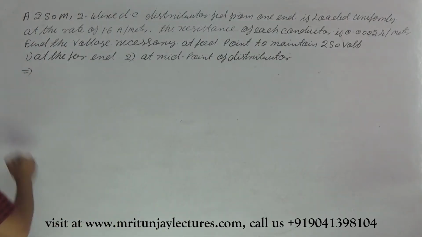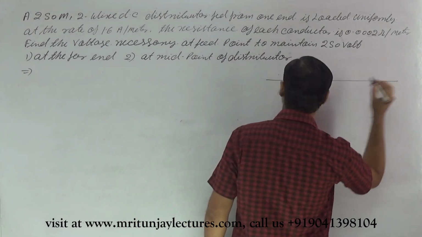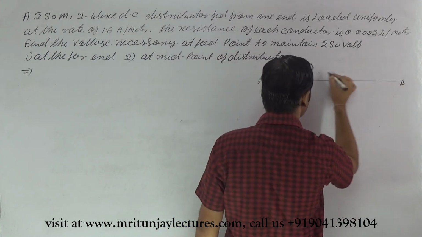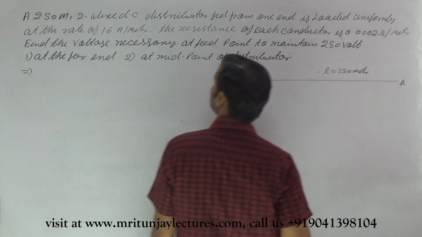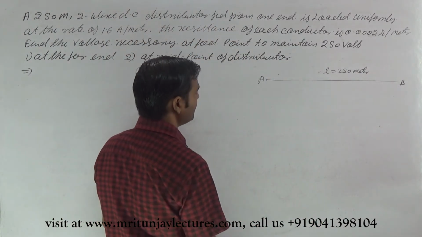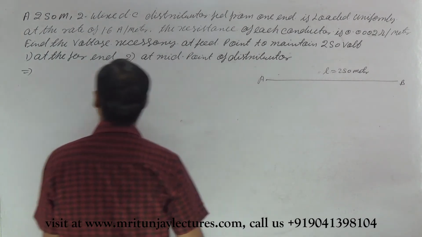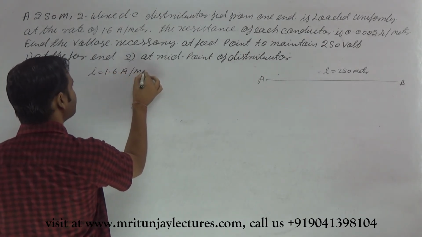Now the corresponding question at 250 meter. First of all, make the diagram: that is A and that is B, and L is equal to 250 meter. A 2-wire DC distributor fed from one end is loaded uniformly, i equal to 1.6 ampere per meter.